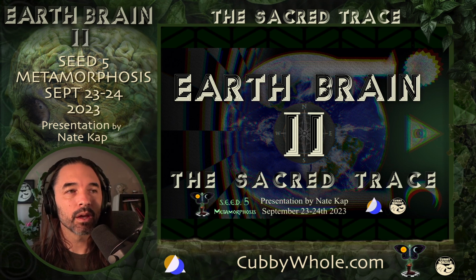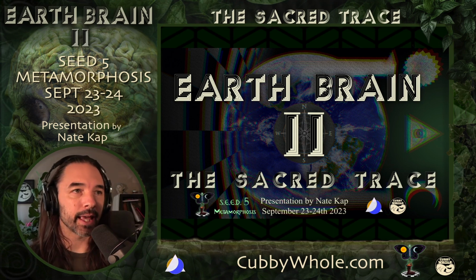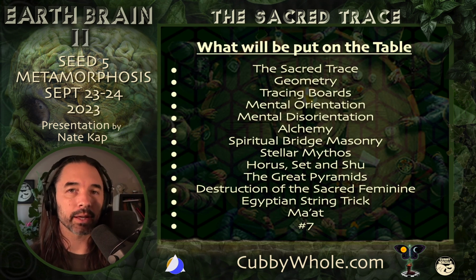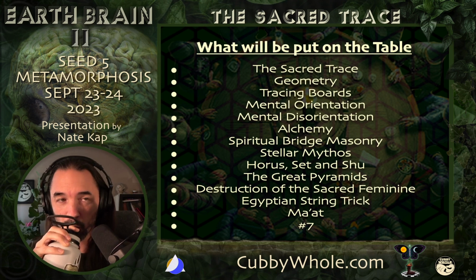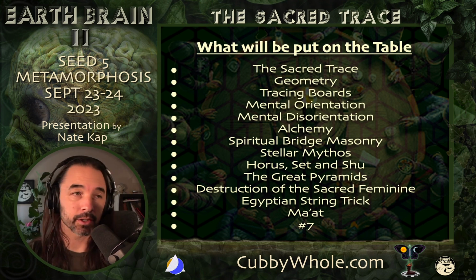What I'm going to be putting on the table today is the sacred trace, which will run through the whole presentation. Then I'm going to talk about geometry and sacred geometry, especially.